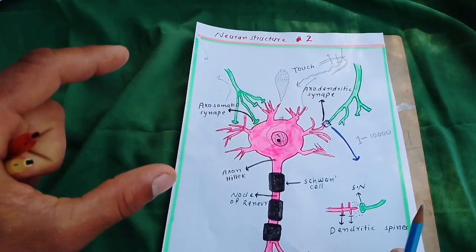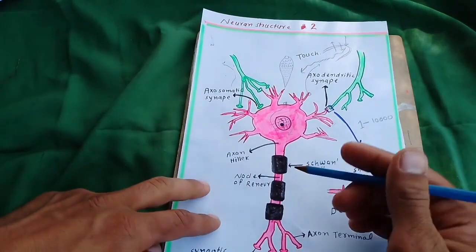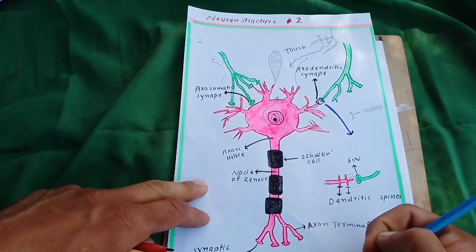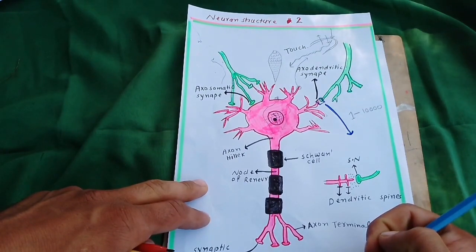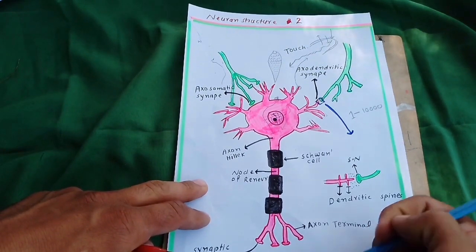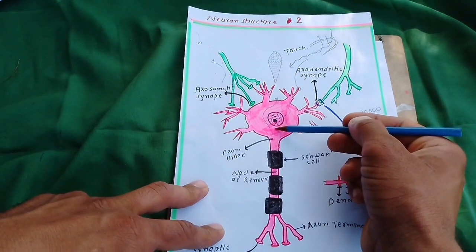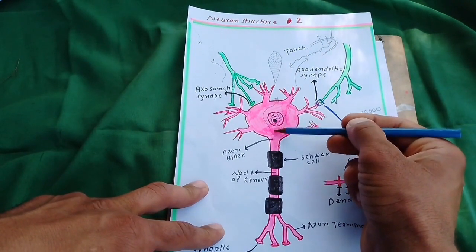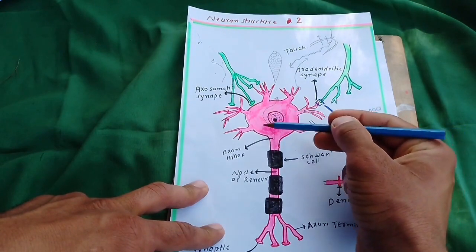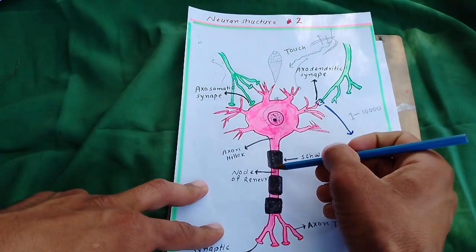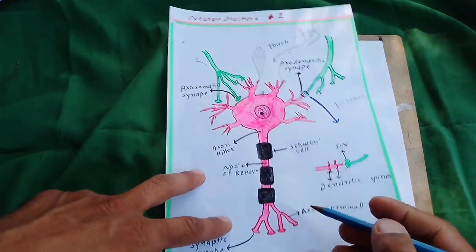Another part of the neuron is the axon. What is the axon? Axon is that extension, that projection of the cell body which receives the information from the cell body and transfers this information forward.